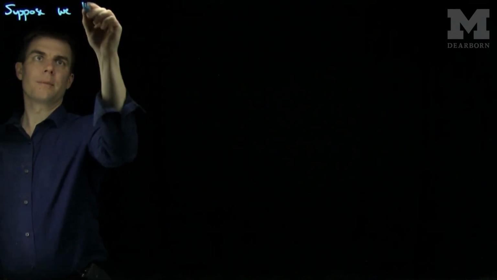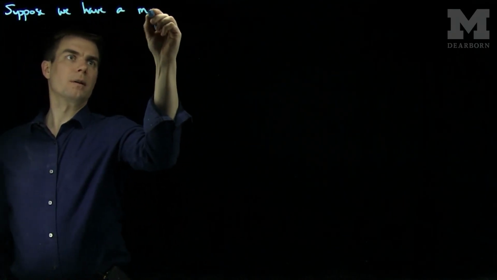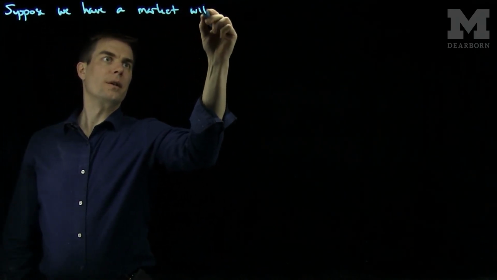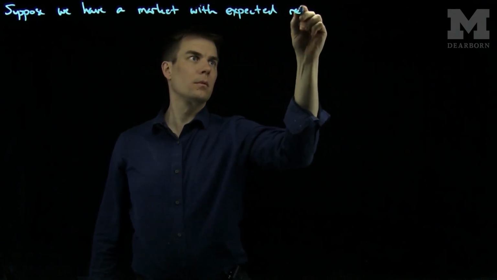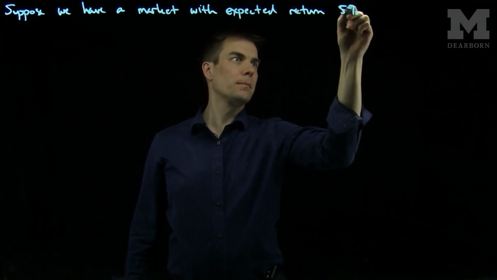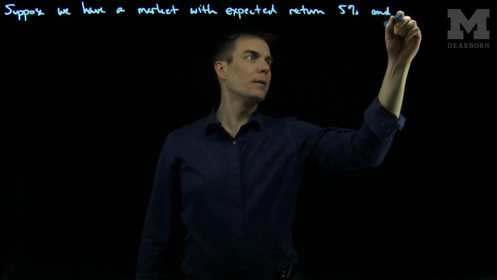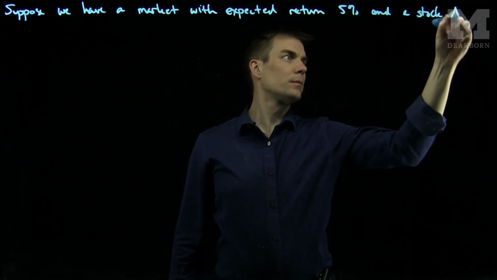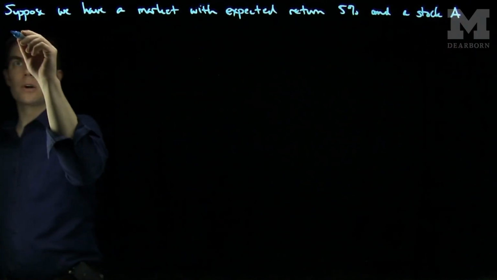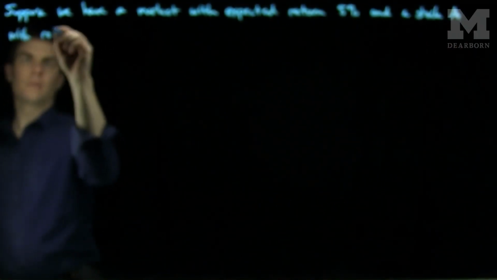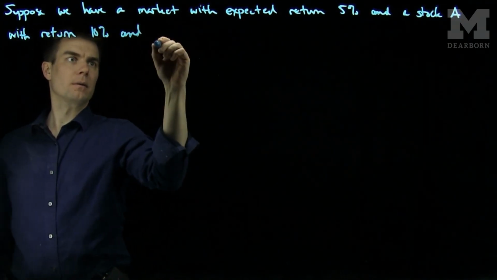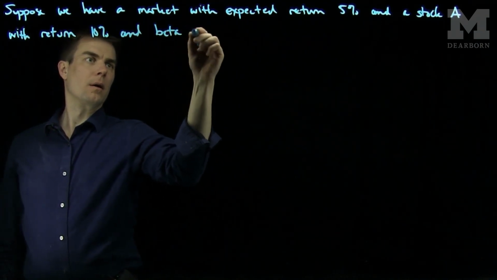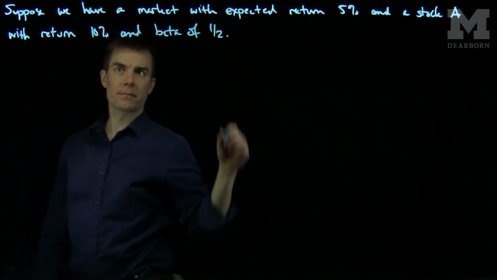Suppose we have a market with expected return 5% and a stock A with return 10% and beta of 1/2.